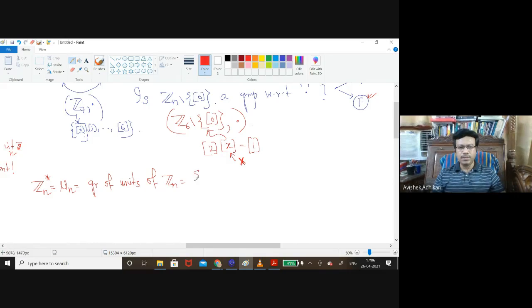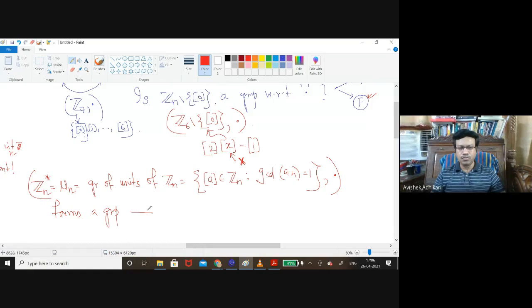All such elements belong to Zn such that GCD of a and n equals 1. You consider all such elements in Zn and then consider multiplication. Then this forms a group.